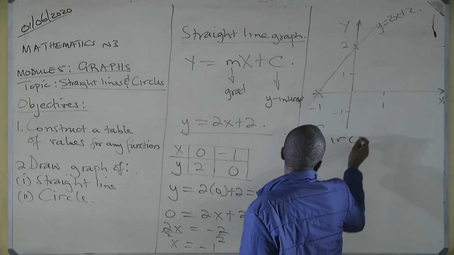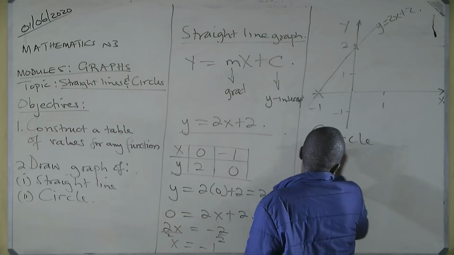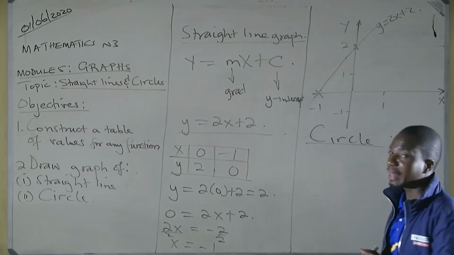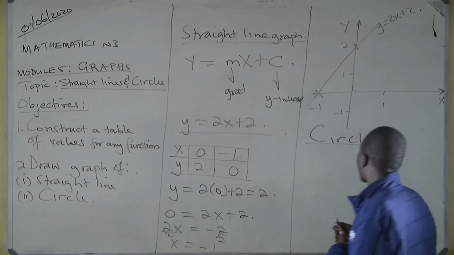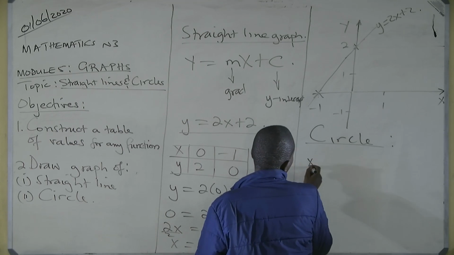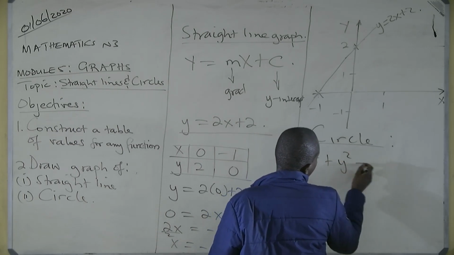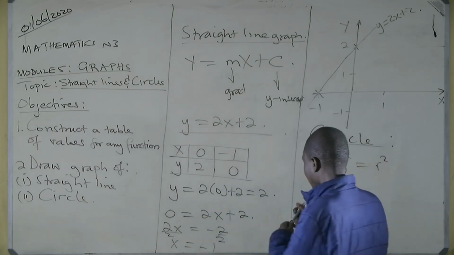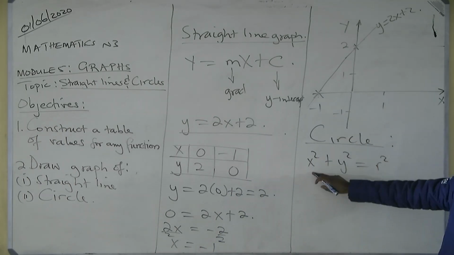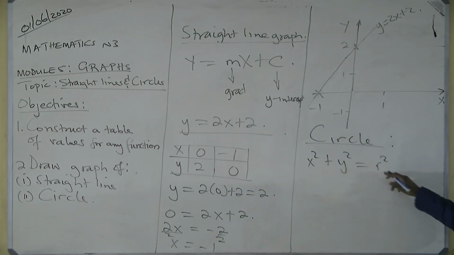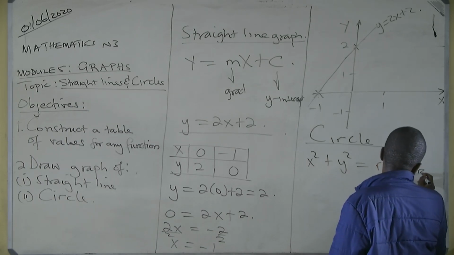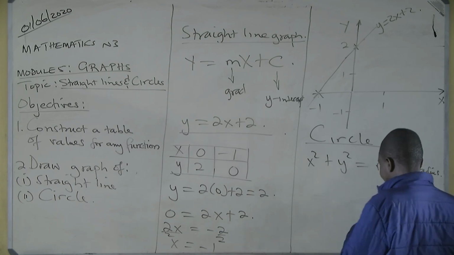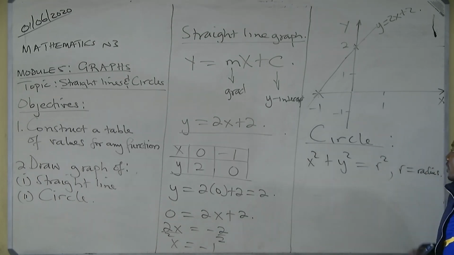Now let's look at circle graphs. How do we draw a circle? Again, referring to our previous module of coordinate geometry, we'll remember that every circle centered at the origin has the equation x squared plus y squared is equal to r squared, where x is the x-axis, y is the y-axis, and r is the radius of that circle.